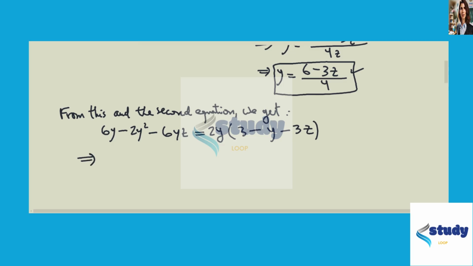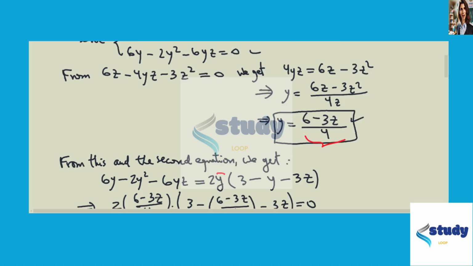And so 2 times 6 minus 3z over 4, we're replacing now y here from this, times 3 minus y, that is 6 minus 3z over 4, minus 3z. And that's equal to 0, because remember the equation is this one here.